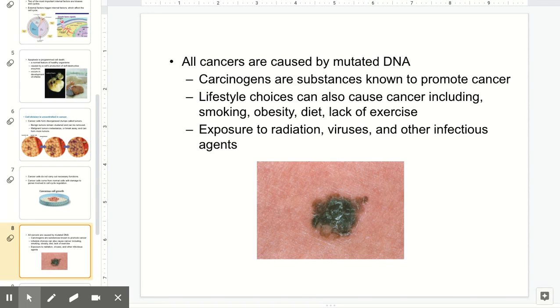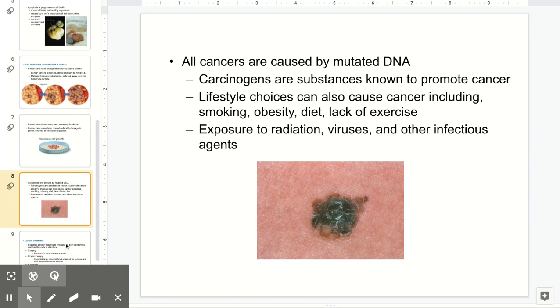Smoking, being obese, poor diet, and lack of exercise are some of those things that can promote cancers. They do not directly cause cancers. Cancers are caused by many different things. Exposure to radiation, viruses, and other infectious agents can also cause cancer. If you've heard of HPV, the human papillomavirus, that virus can actually cause cervical cancer.